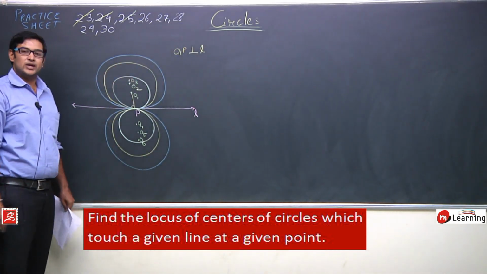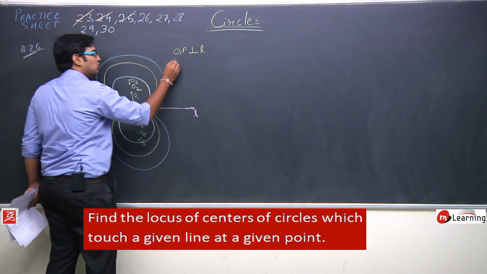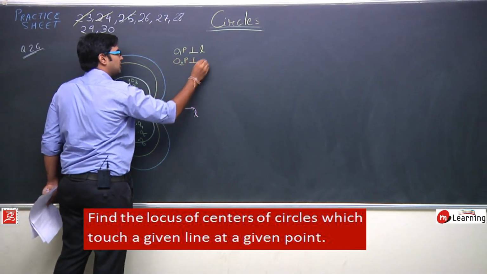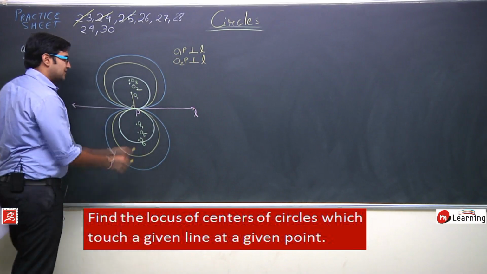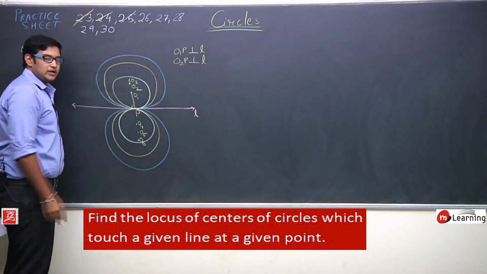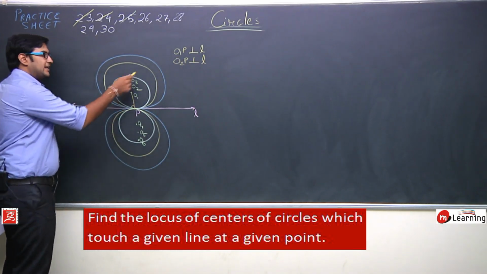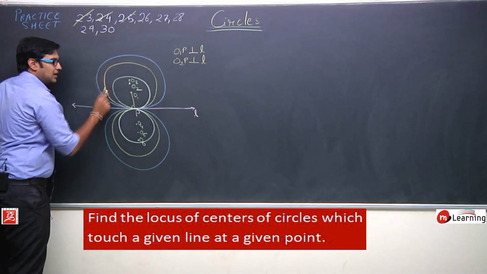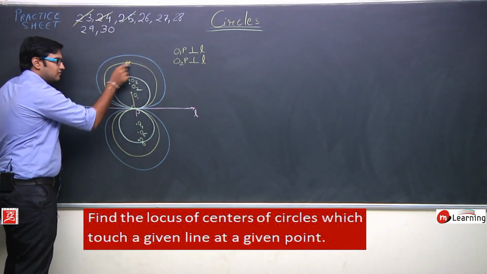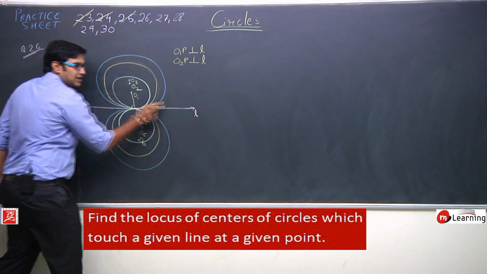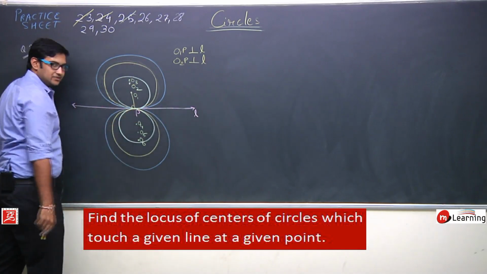O1P is perpendicular to L. Similarly, can I say O2P is also perpendicular to L? Because if I join this O2 to this P point, this O2P will be the radius of this circle, and P is a point of contact of this circle and this particular tangent.